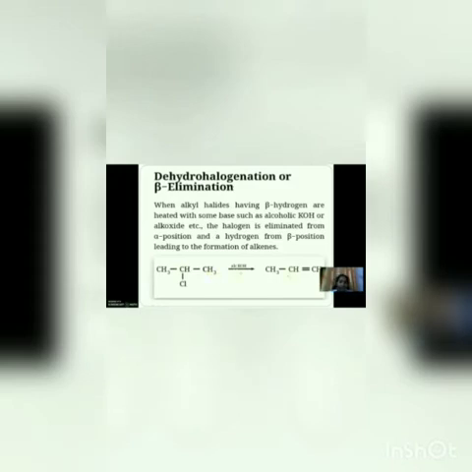So beta hydrogen is eliminated from the beta carbon. So halogen is eliminated from the alpha position, hydrogen is eliminated from the beta position. So it is known as dehydrohalogenation of haloalkanes.